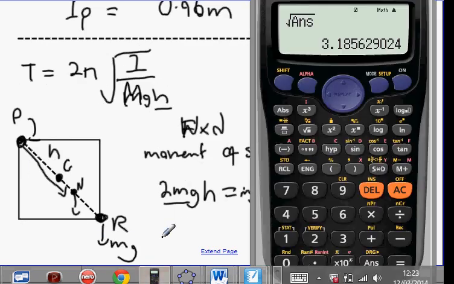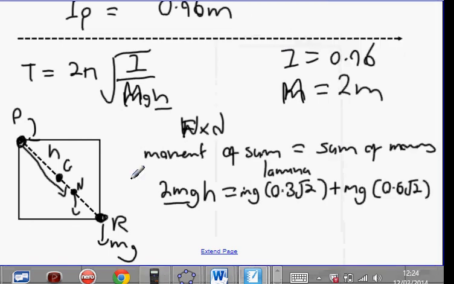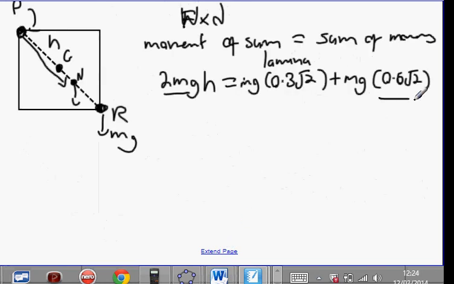Okay, so we'll just do this here. 0.6 squared plus 0.6 squared, square root answer. And if we divide that by root 2, 3 over 5 root 2, or 0.6 root 2. Okay? So there is 0.6 root 2.